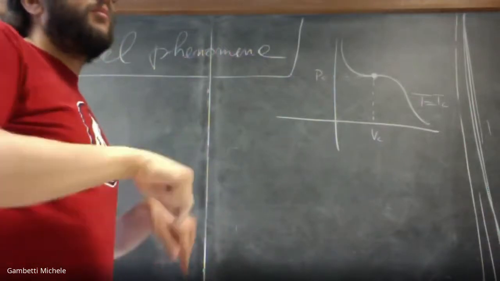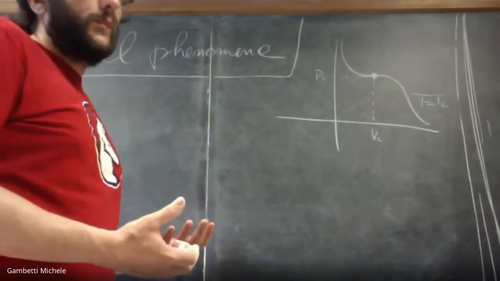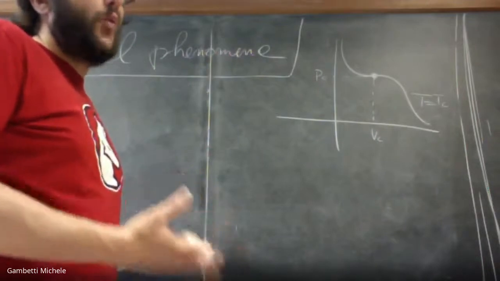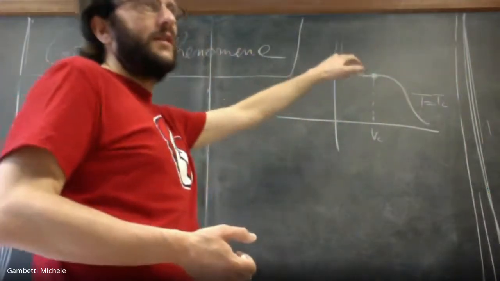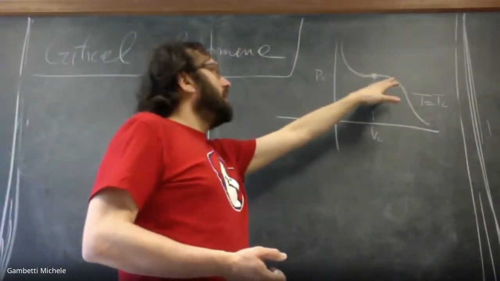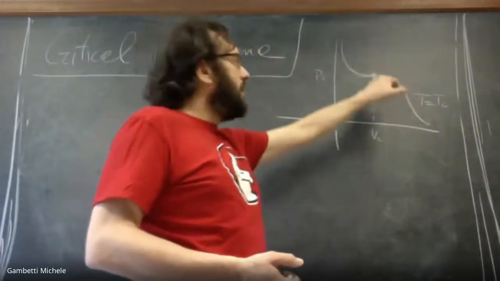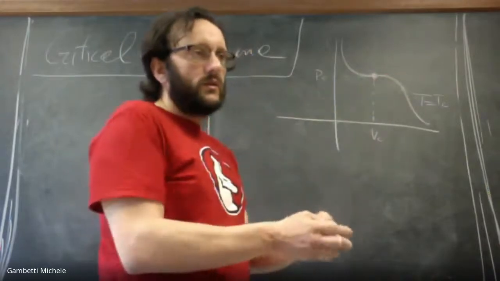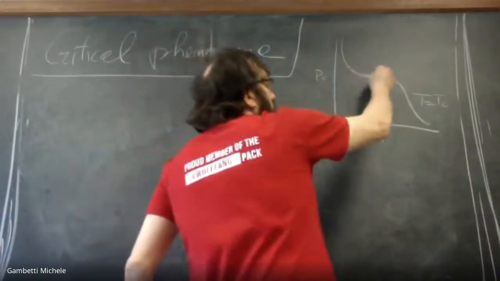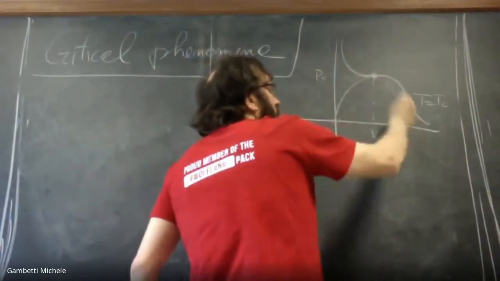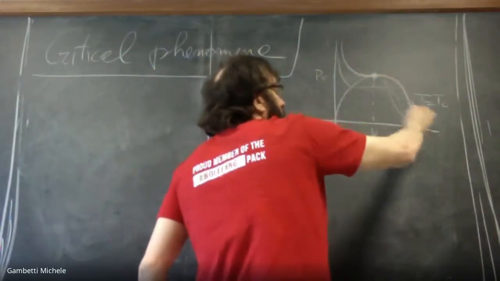If you go from below, you start to see that these two types of material are actually behaving the same way, so you cannot distinguish what is the liquid and what is the gas. Or if you go from above, from T larger than Tc, below this point you will start to see the separation of gas and liquid, because below this point you start to see the mixed phase, right? So you have the phase separation.